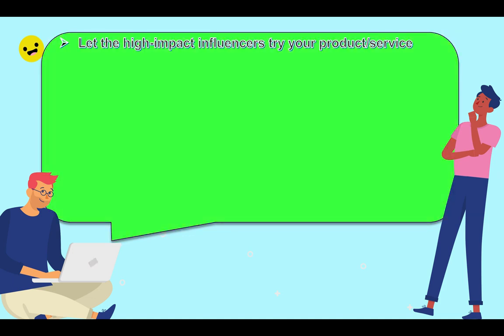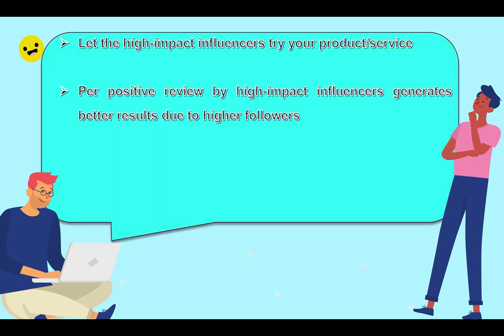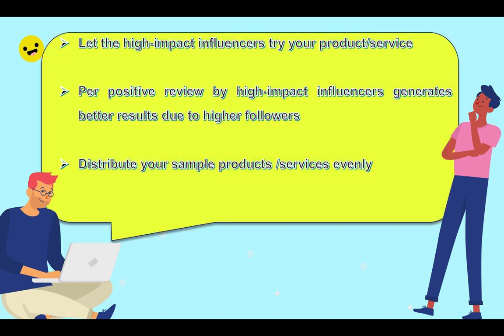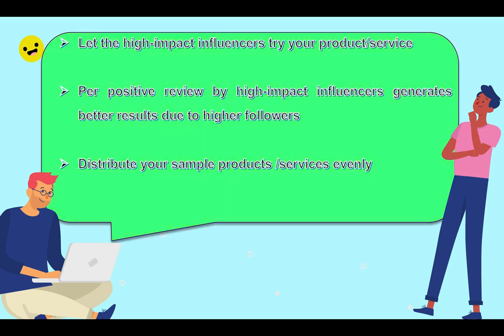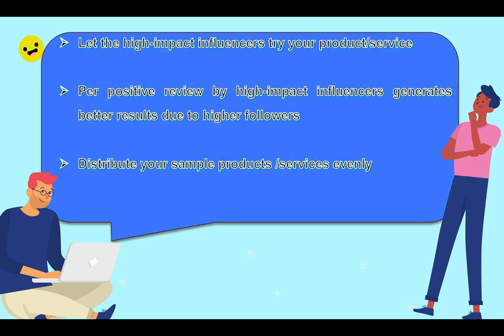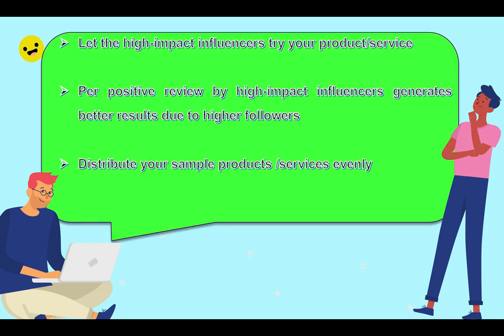The benefit of letting these high-impact influencers have the product helps in generating more results per positive review as they are trusted by many. So you get quicker results. Make sure that your product is distributed evenly in different sections of your target audience so that you get a healthy set of reviews for all types of people who potentially avail your product or service.